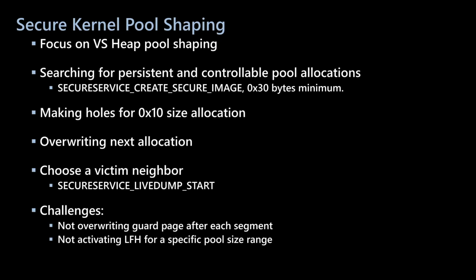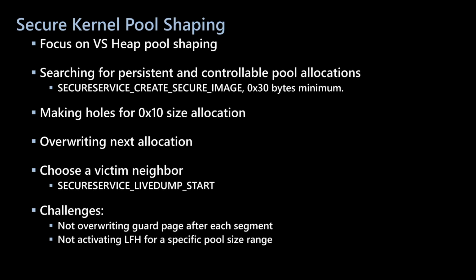A handle to each created secure image is returned to the VTL0. Closing this handle will free the corresponding secure image allocation. I can use this allocation to make holes of 16 bytes. Another secure call, LeftDump start, will allocate a list of MDLs with controllable MDL size. Those MDLs are good candidates for being victim MDL.